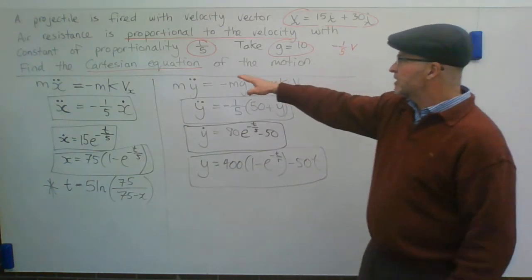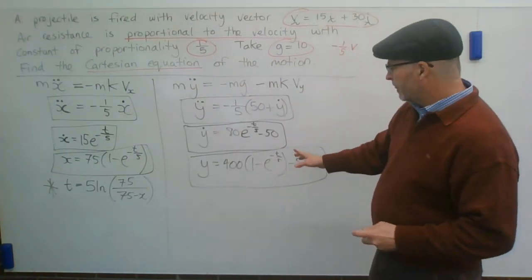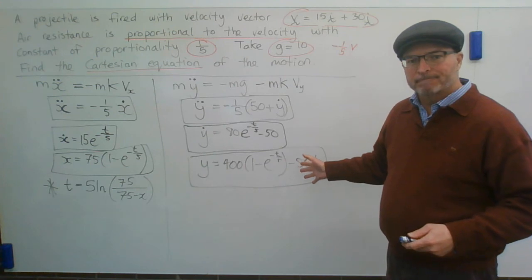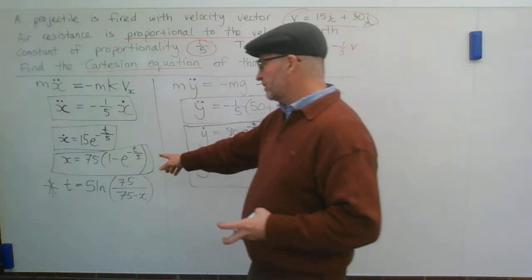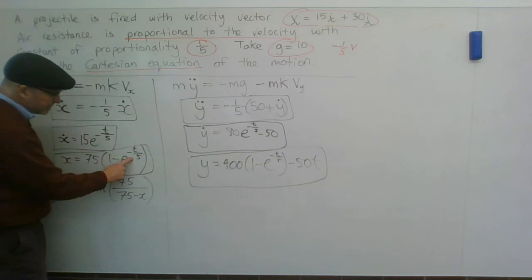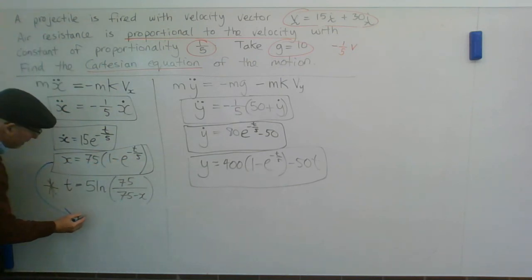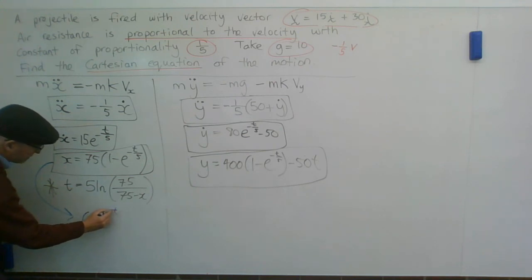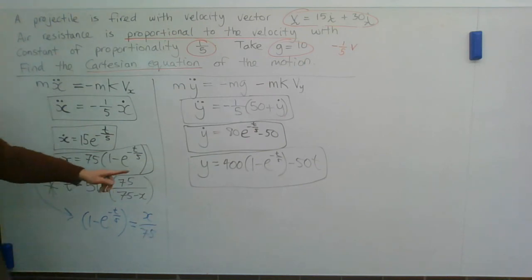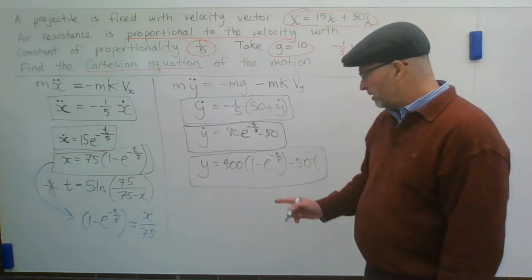Now I can find my Cartesian equation of the motion, like the question asked, by putting, wherever it's got a t, a version of x in there. Now, this is quite fortunate that we've done it this way, because I can see that the bracketed 1 minus e to the minus t on 5 is x on 75. So if I see 1 minus e to the minus t on 5, I can put x on 75.